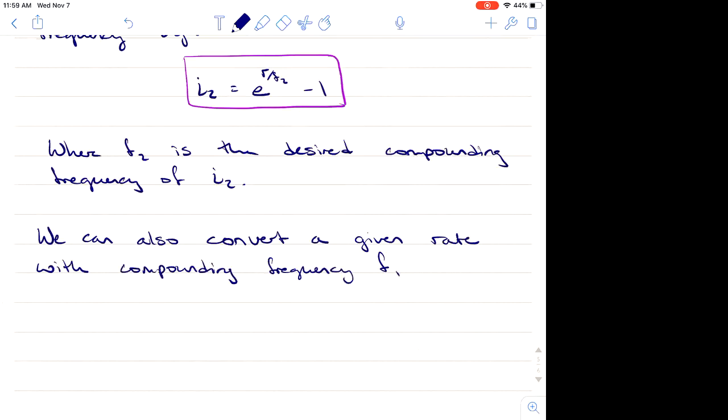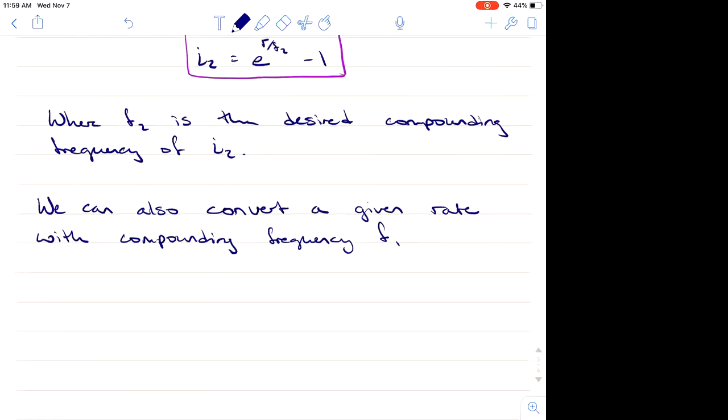Notice that the ones are always the ones where we start with, and then the twos are where we want to end up. Just keep that in mind. So we can also convert a given rate with compounding frequency F1 to a continuously compounded rate.